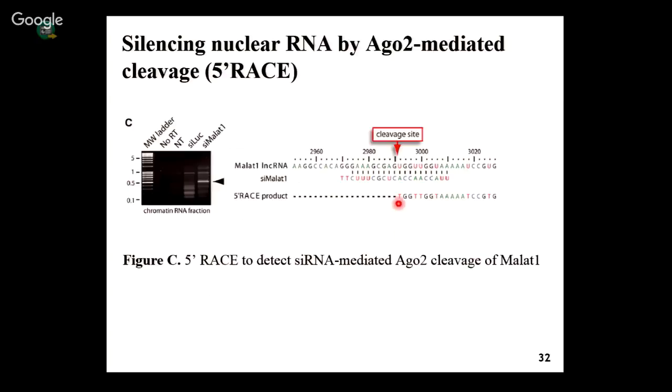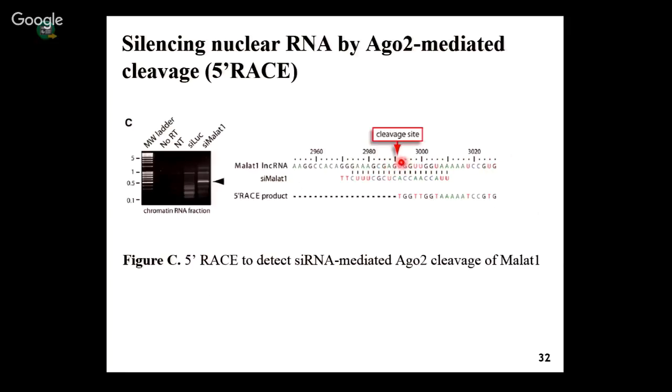The author first predicted that AGO2 cleaved the RNA at this site. And then they sequenced the 5' RACE product. As they expected, the product sequence is exactly the same sequence as they predicted. You can see the target RNA from this site, UGG, along to the GUG.